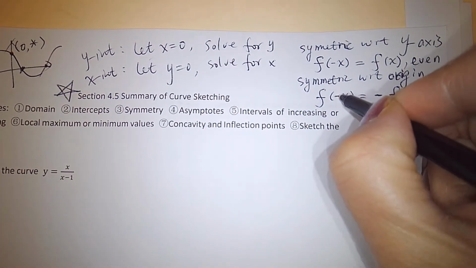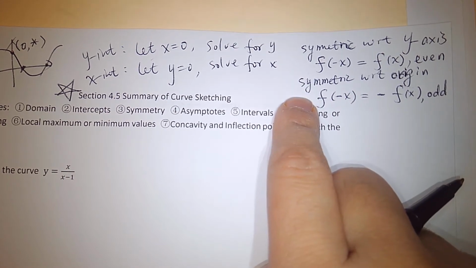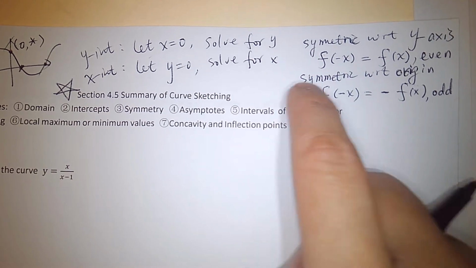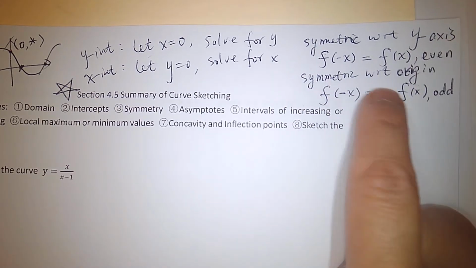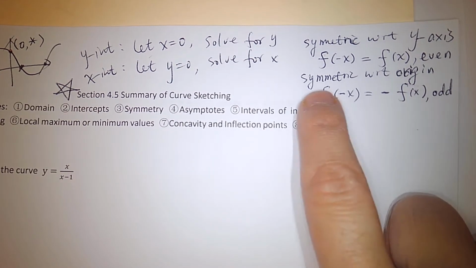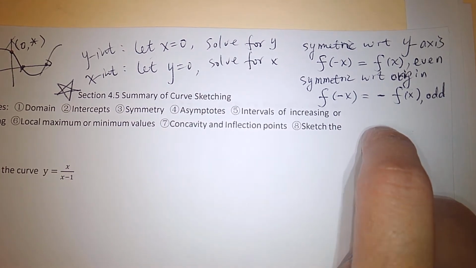If a function satisfies neither of these 2, we say there's no symmetry about the graph, okay? Either symmetric with respect to the y-axis or symmetric with respect to the origin. You may ask, how about symmetry with respect to the x-axis? No, okay? For a function, there's no symmetry with respect to the x-axis. Why?